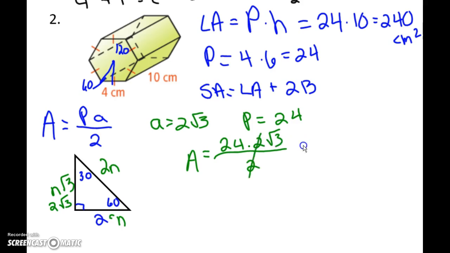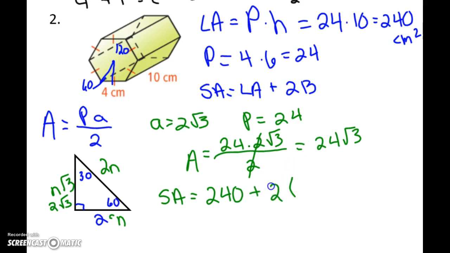My 2's cancel, and I end up with 24 square root 3. Now, the surface area is equal to the lateral area. We found that to be 240 plus 2 bases, so 2 times 24 square root 3. So that's equal to 240 plus 48 square root 3.